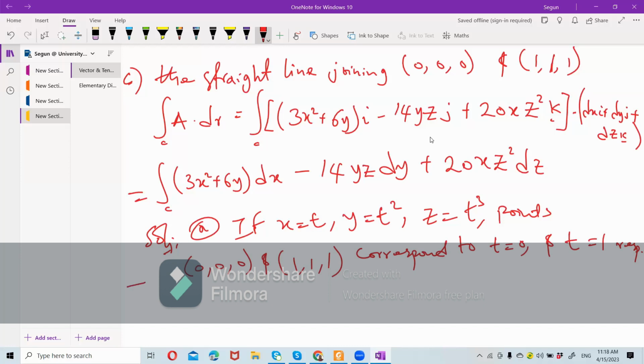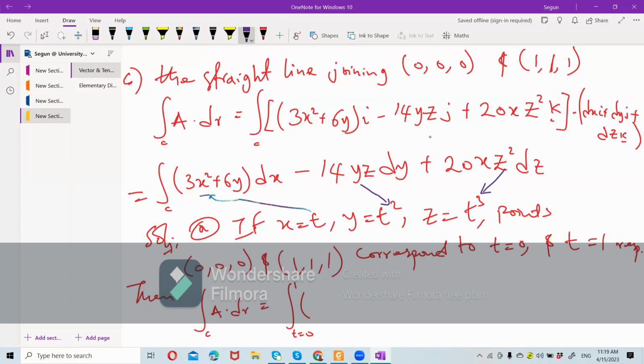Then the integral will be A dot dr with t from 0 to 1. Anywhere you see x, you substitute t; when you see y, you substitute t squared; when you see z, you substitute t cubed.